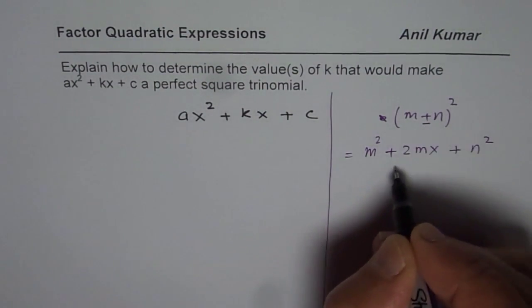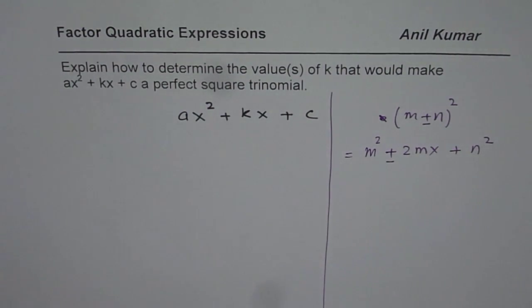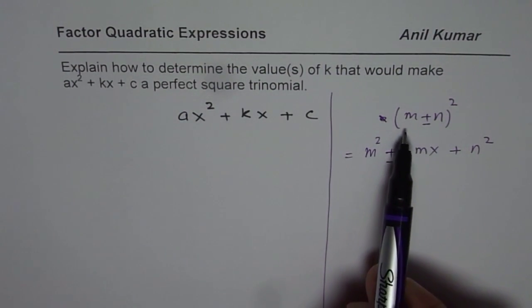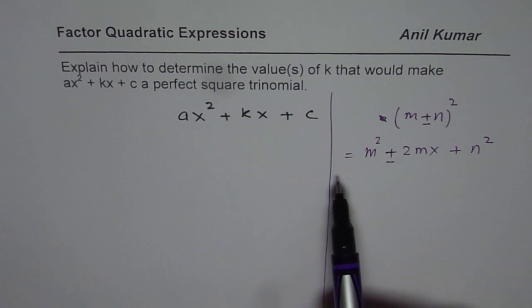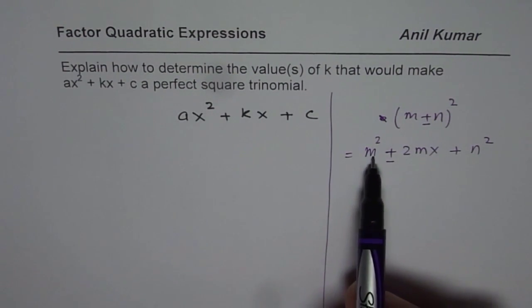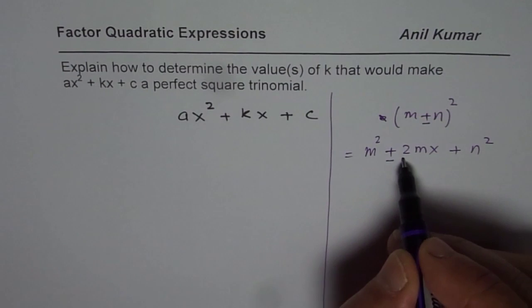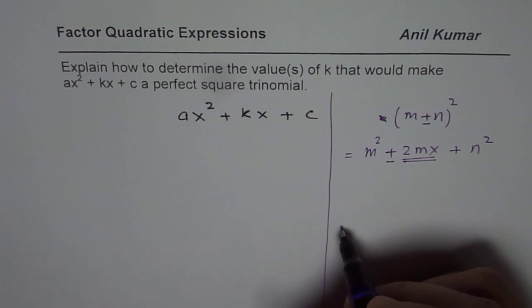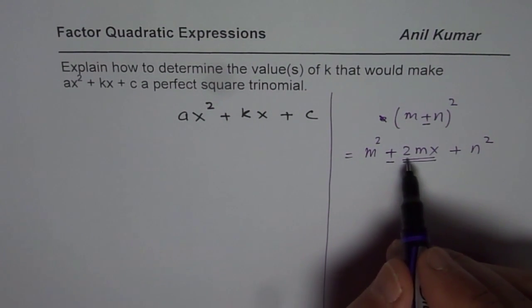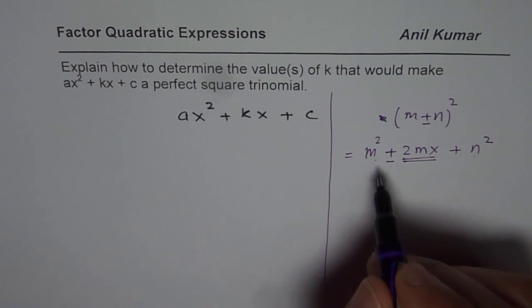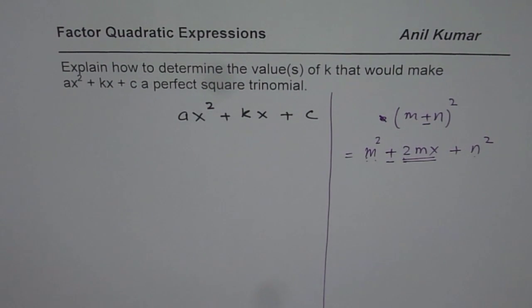If this is minus, I get a minus sign here. So when we are saying a perfect square, we want both the factors to be exactly the same. Then it becomes a perfect square. Now that really happens if the center term is actually 2 times the square roots of these two terms. Do you see that?